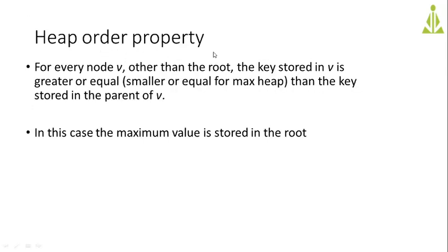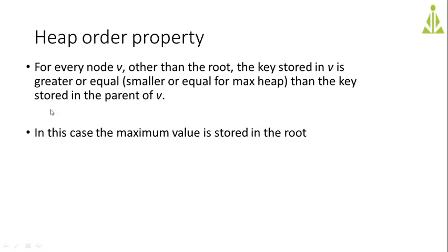Heap order property. For every node v other than the root, the key stored in v is greater or equal, smaller or equal for the min heap, than the key stored in the parent of v. In the case of max heap, the maximum value is stored in the root.